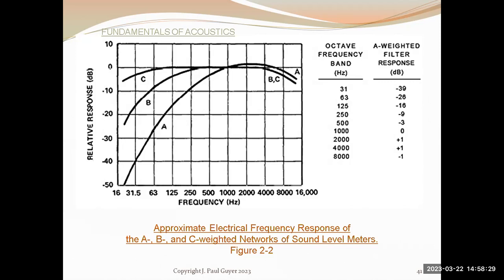And so the sound level meter on the A setting ignores or filters out amounts of the sound, and the lower the frequency, the more of the sound that is ignored by the sound level meter.